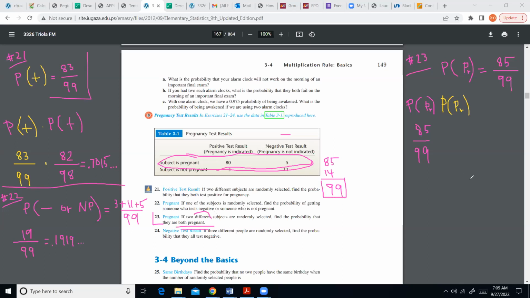So we need to change this, actually not here, but in the other one. And here I changed to 98, right? And analogously, the total number of pregnants will be 1 less, 84.